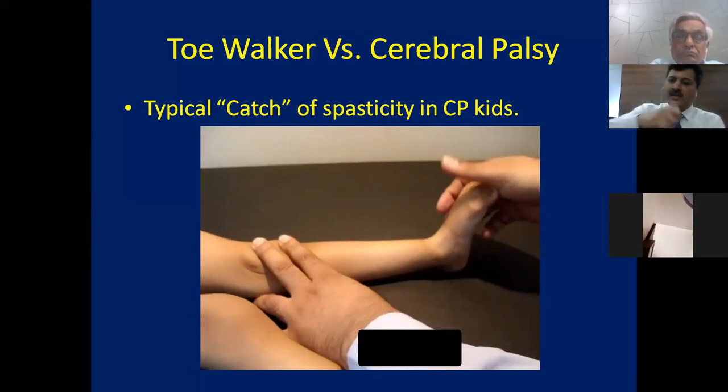So when you check them with a force, you will not find a catch. It will be the last range you get. But in cerebral palsy, we get the first catch, and then we are able to do dorsiflexion a little bit more. So that is a key examination point we use to differentiate, because some parents are not much aware about problems in the birth history. There, this clinical examination sign helps us.